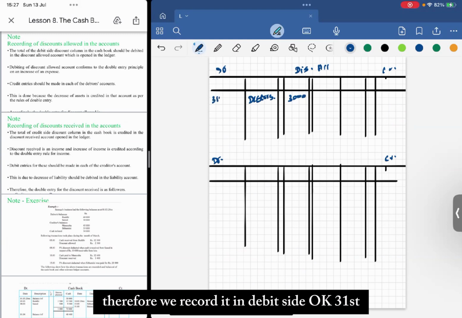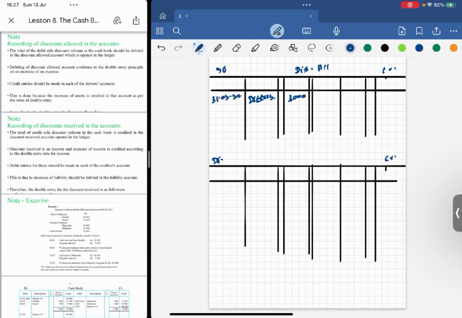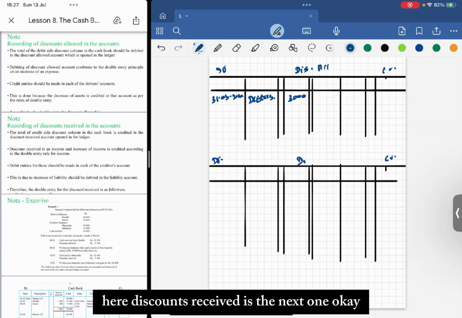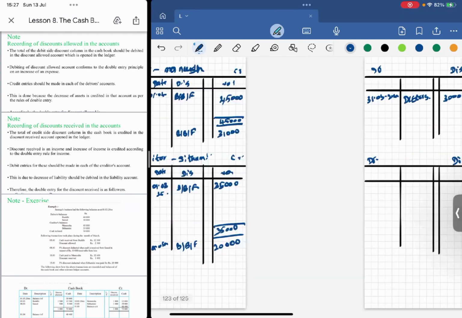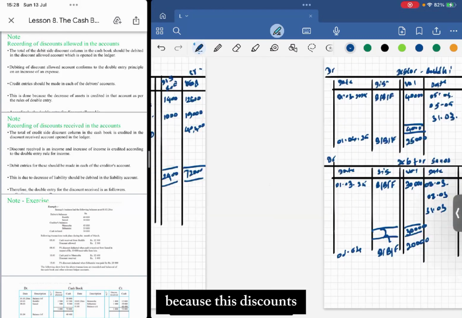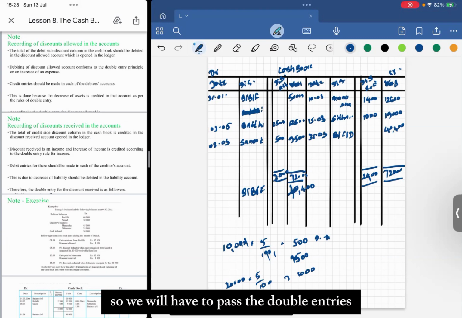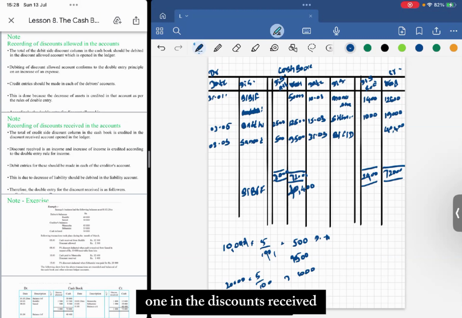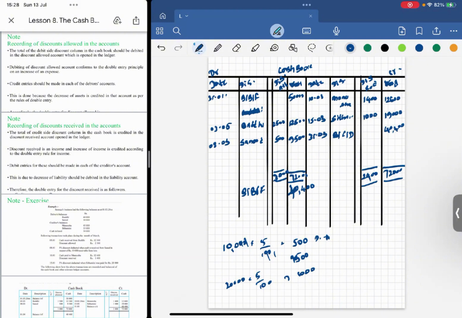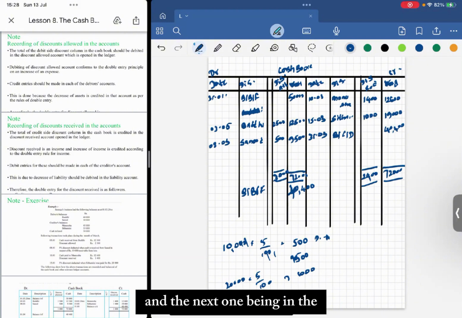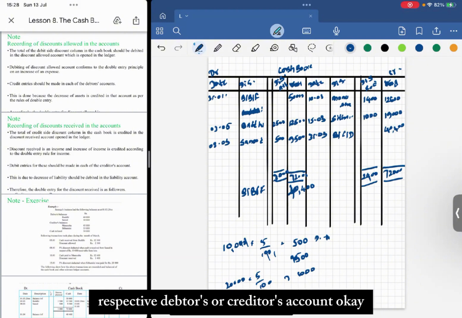Okay. 31st. And here discounts received is the next one. Because this discounts received column is merely a memorandum column, we will have to pass the double entries. One in the discounts received and discounts allowed account, and the next one in the respective debtors' or creditors' account.